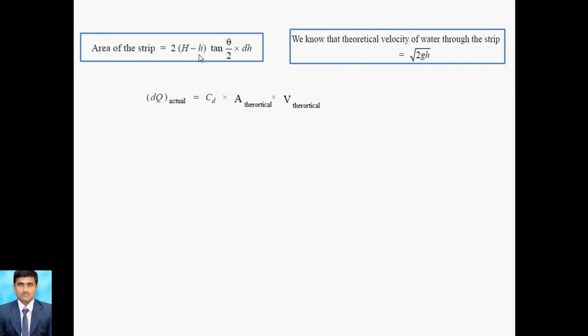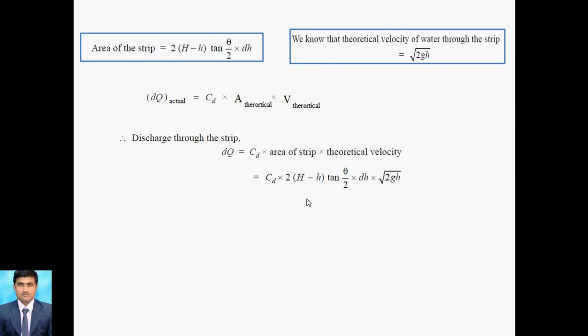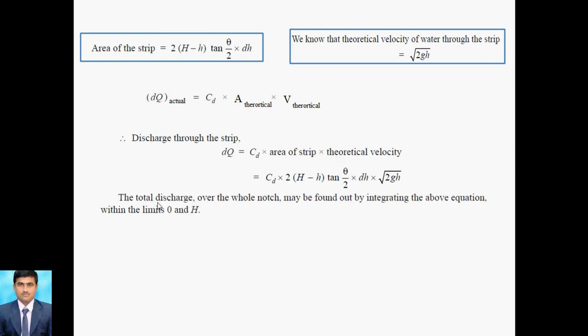The area of strip is very small. Here we can write 2 into capital H minus small h tan theta by 2 into small dh into root 2gh.